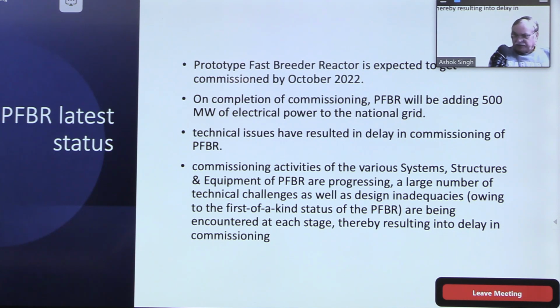And in the monsoon session of parliament that took place last year, there was no winter session of parliament, the government had told parliament that the PFBR is now expected to be commissioned by October 2022. It has got delayed further.